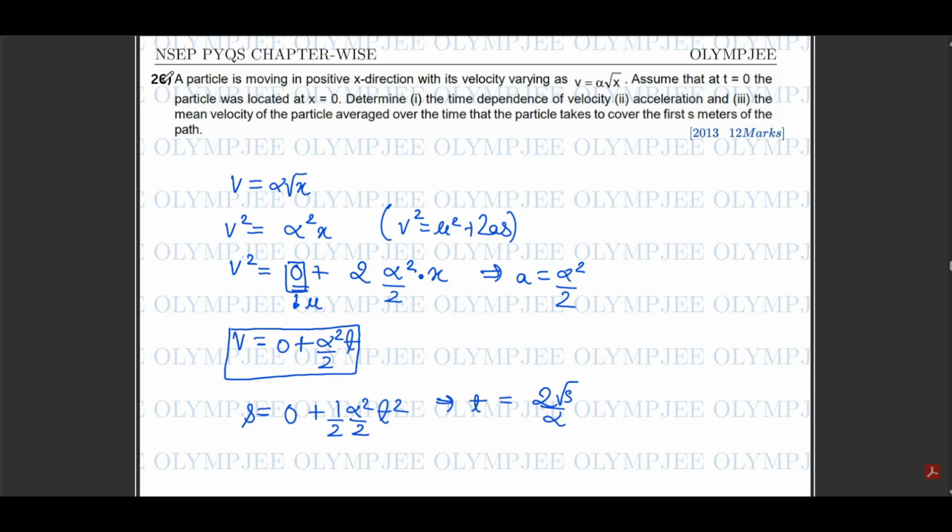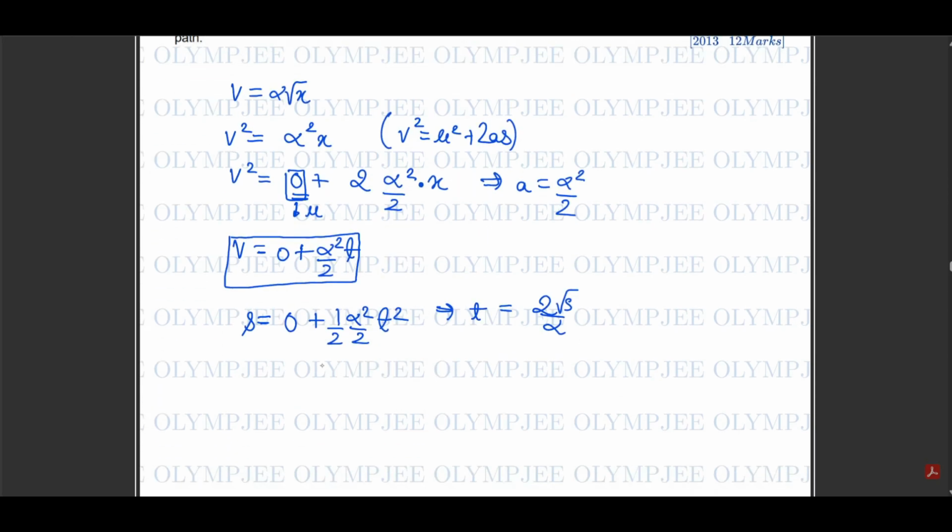So mean velocity will be given by s by 2 root s by alpha, that is root s alpha by 2. This will be the mean velocity.